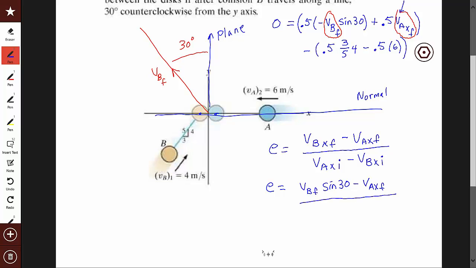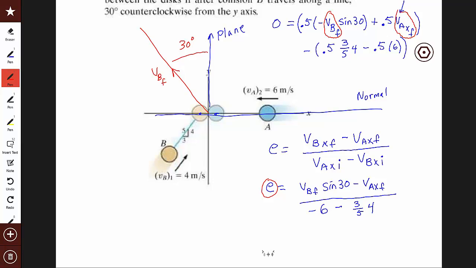So the velocity of A in x initially is a negative 6 minus velocity of B in the x initially, which is equal to 3/5 times 4. Okay, so now VBF has been counted, VAxF has been counted. The only other thing that's unknown is the coefficient. So that's 3 unknowns and 2 equations. I have to keep going.